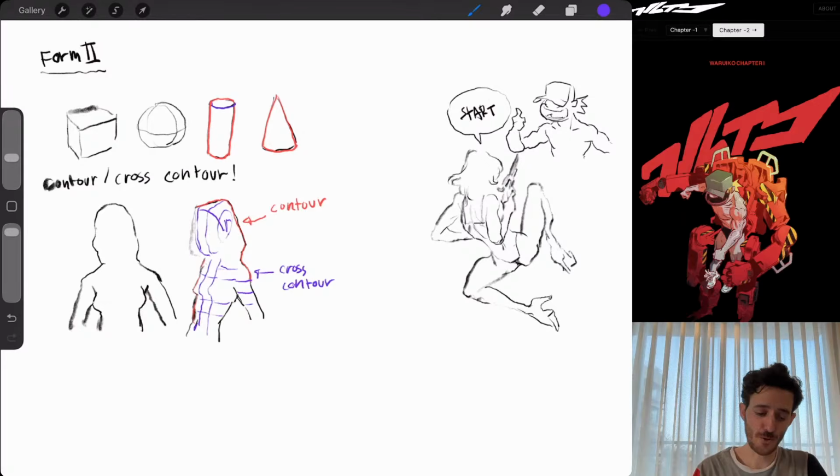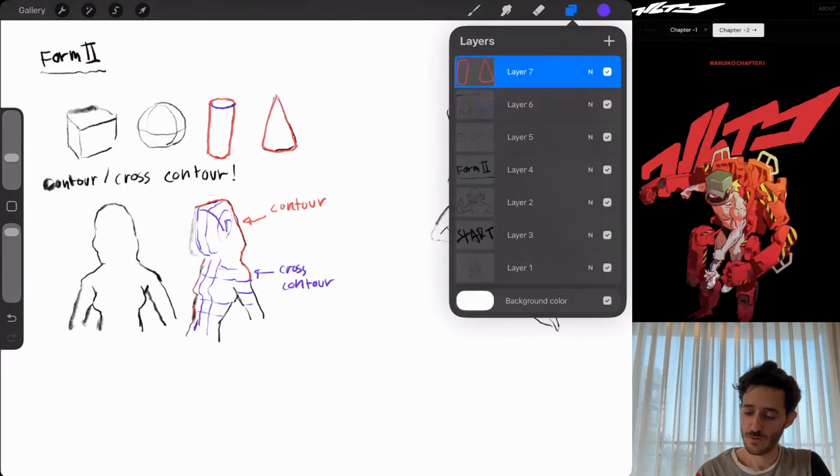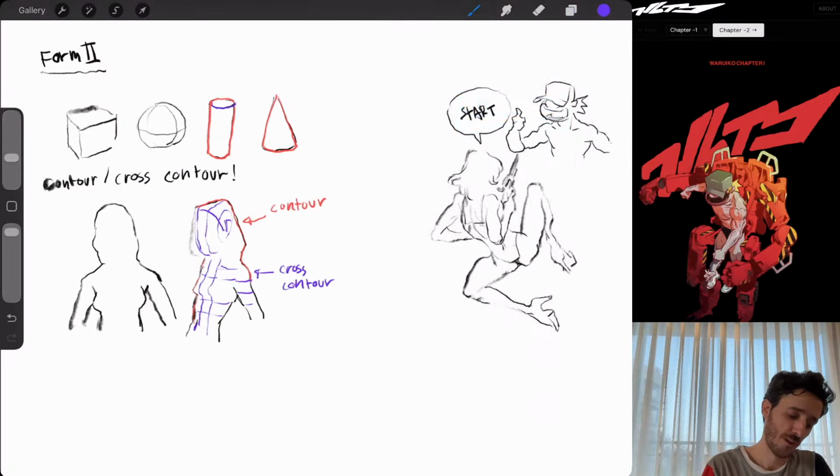Now, a good thing to do if you're working with primitives, and feel free to ask me questions if you need, is go ahead and start practicing adding cross contours to your primitives, like so.